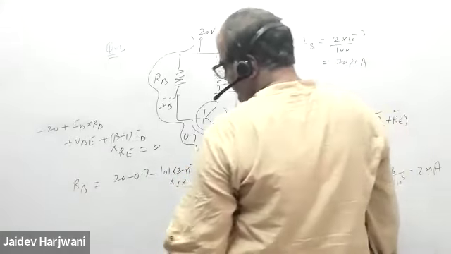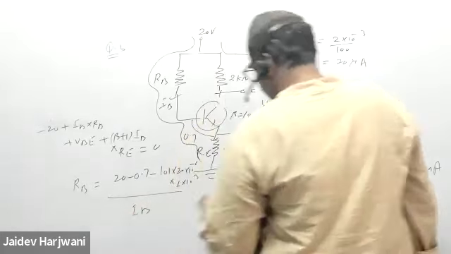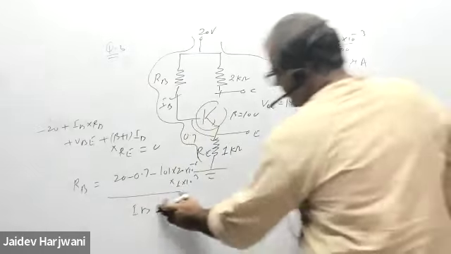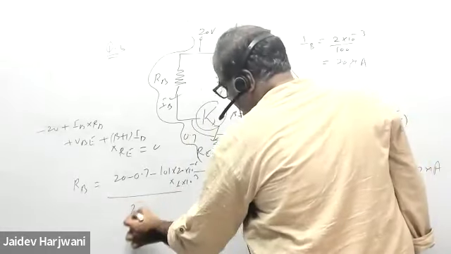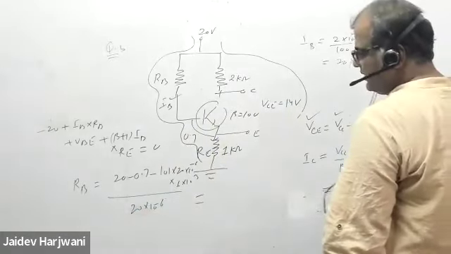Okay, divide by IB, that is 20 microamp. Okay, so tell me how much is coming.